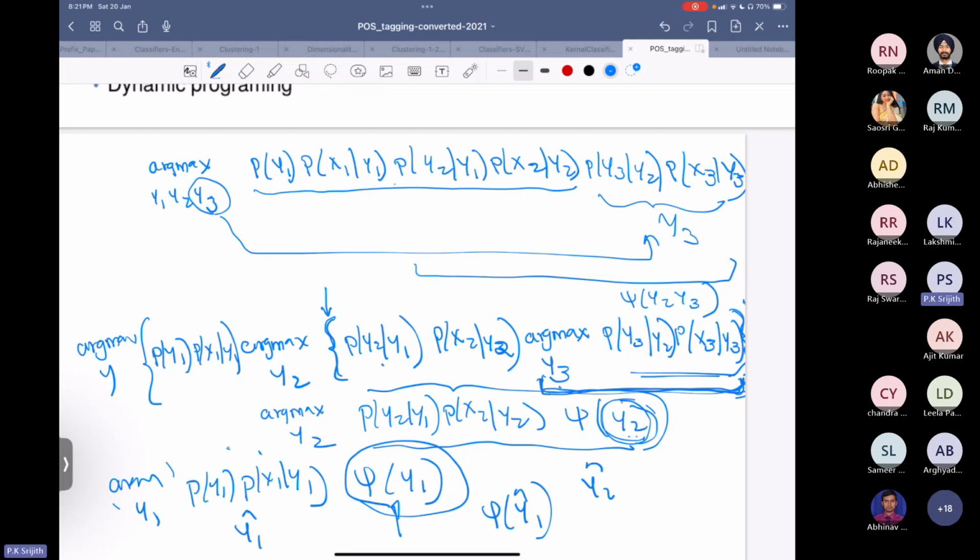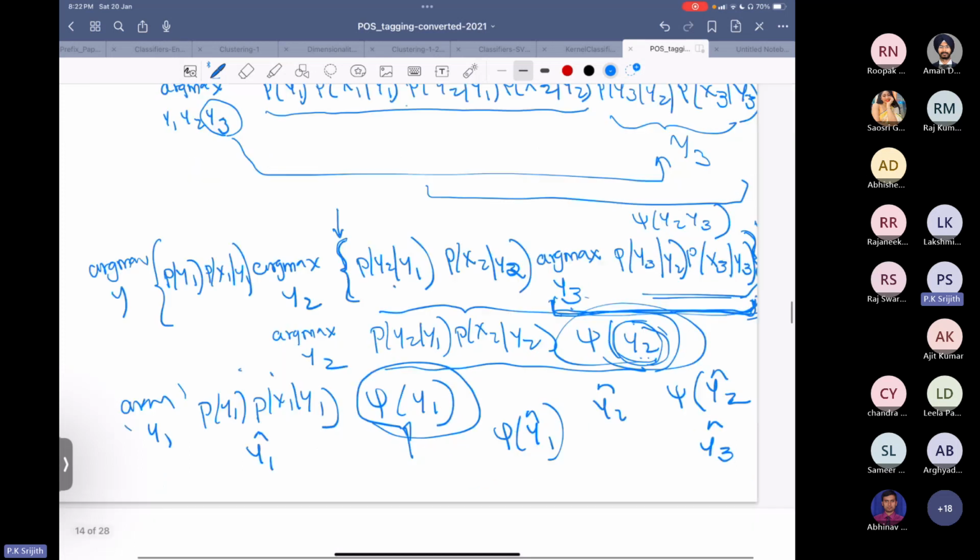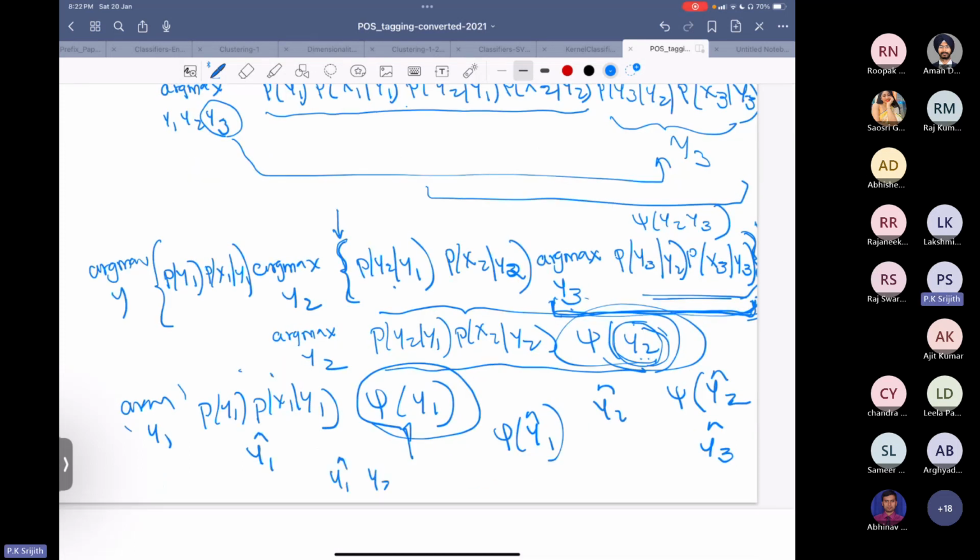That will give me my y2 cap, and now I can go back to this function and find out what is psi of y2 cap and what is that y3 which gave me that psi of y2 cap. That will give me my y3 cap. And this is my final tag sequence: y1 cap, y2 cap, y3 cap. That is my final output.